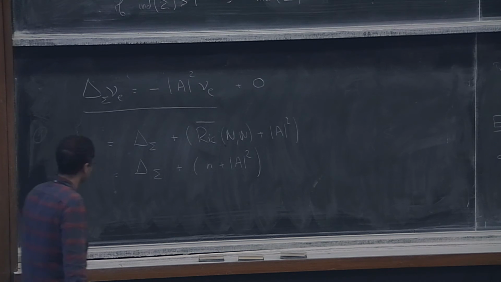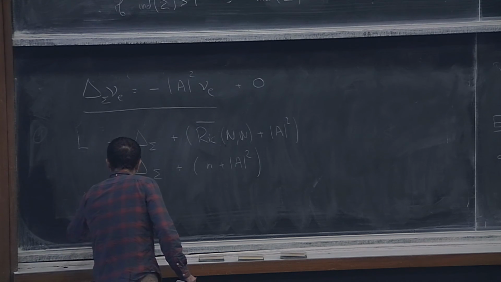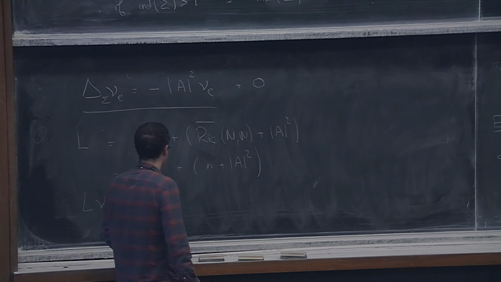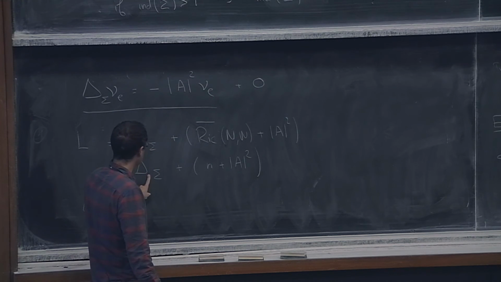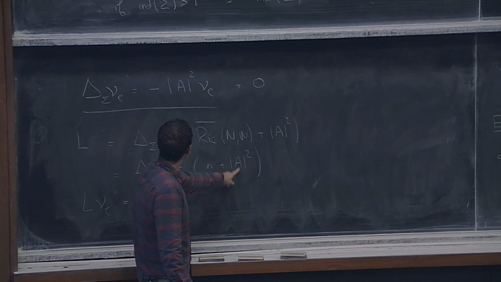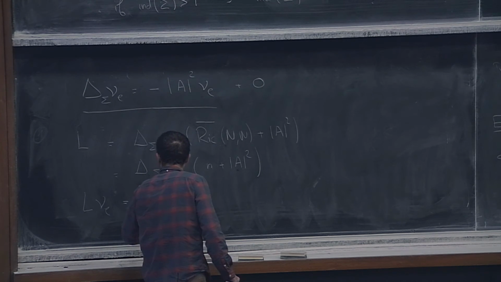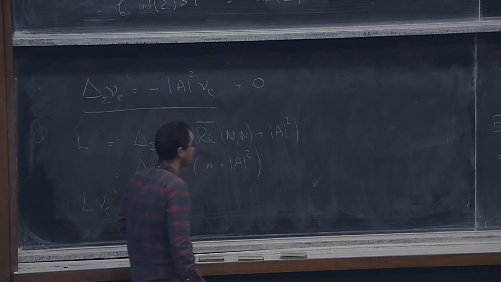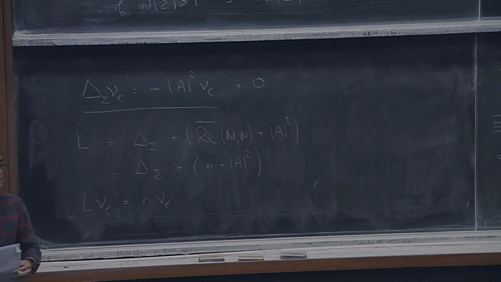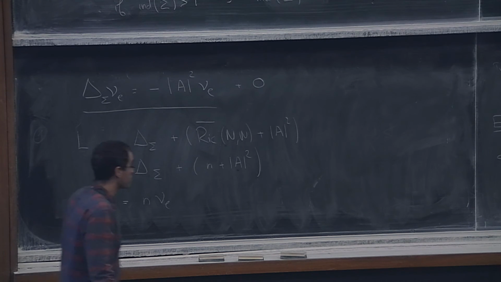So what I see also is that L of nu E, so it's the Laplacian of nu E plus A squared of nu E, but because of this it gives you 0, plus it's equal to n nu E. So n is an eigenvalue of the Jacobi operator.